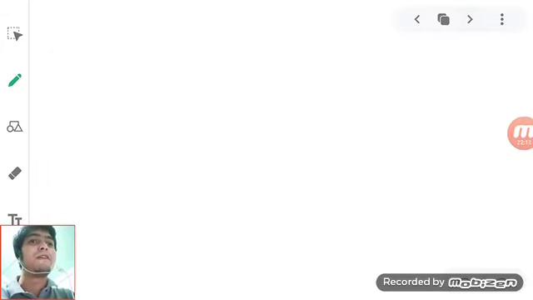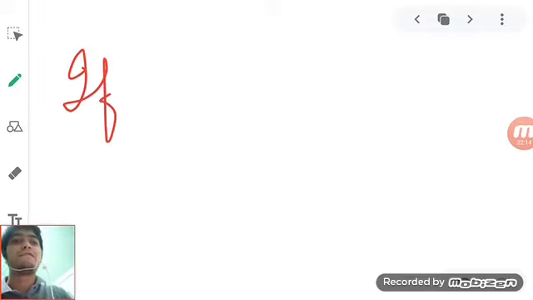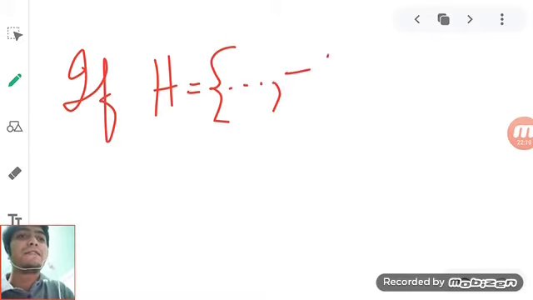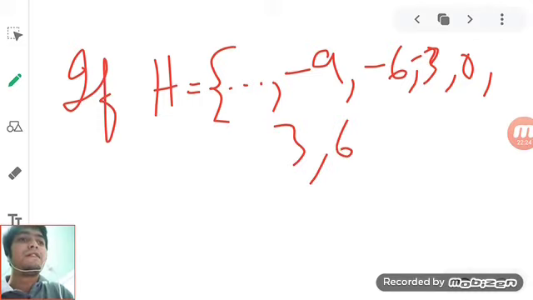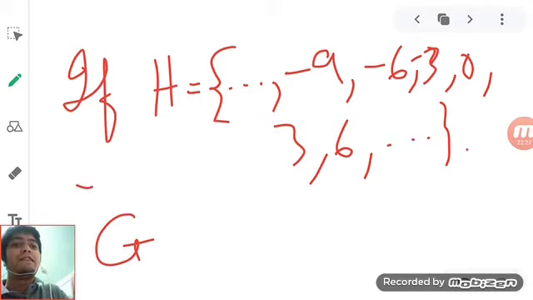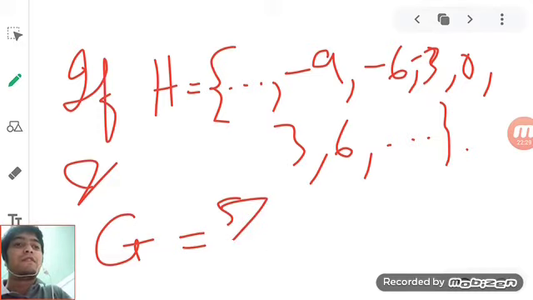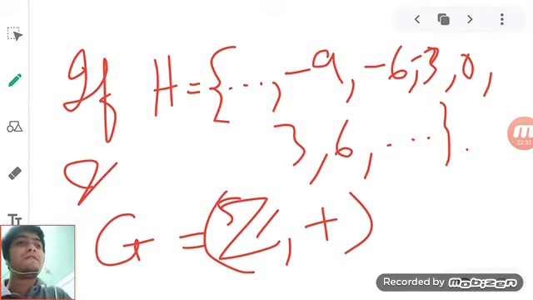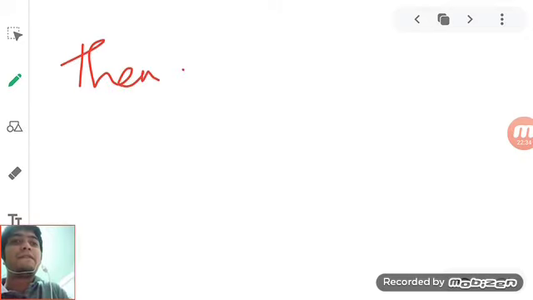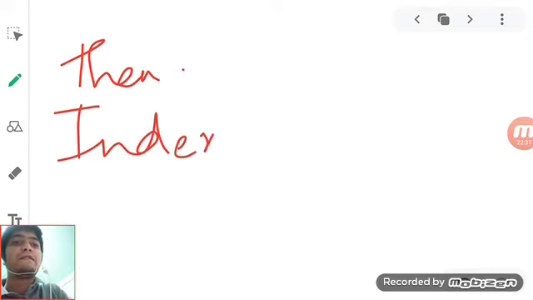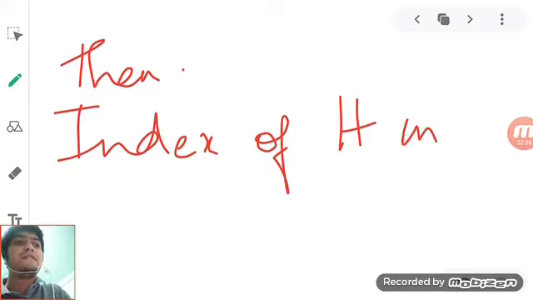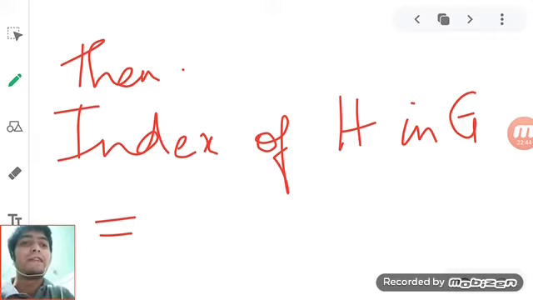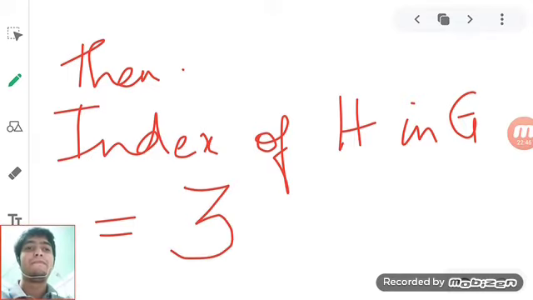So I will just write down, if H equals multiples of 3: minus 9, minus 6, minus 3, 0, 3, 6, and so on, and G equals Z under addition, then the index of H in G is equal to the number of distinct cosets, which is equal to 3.